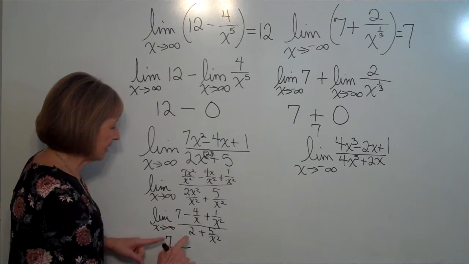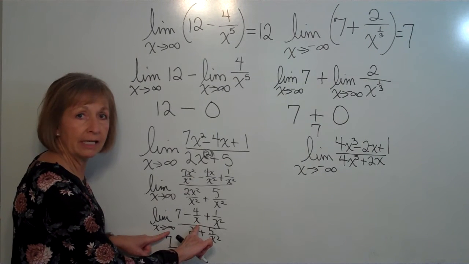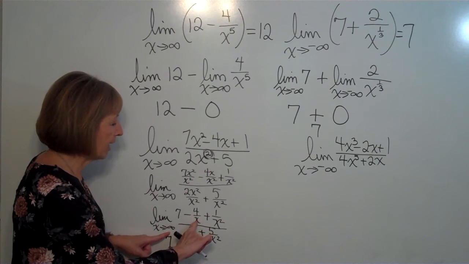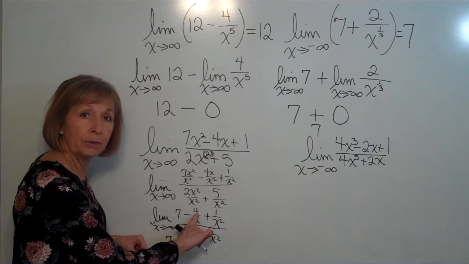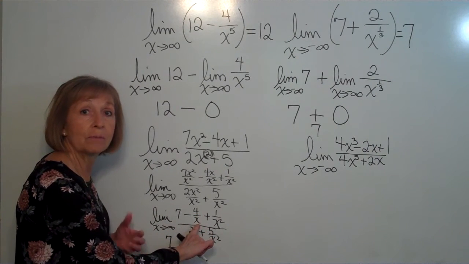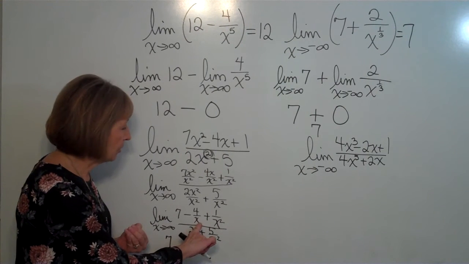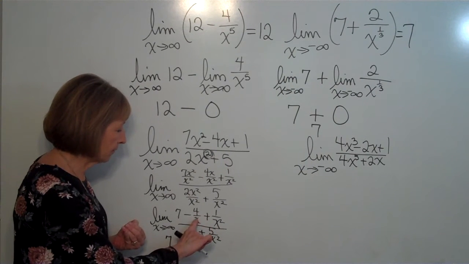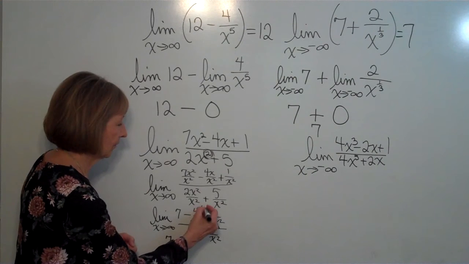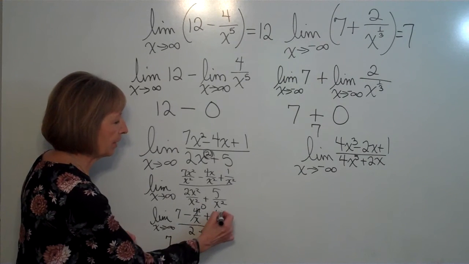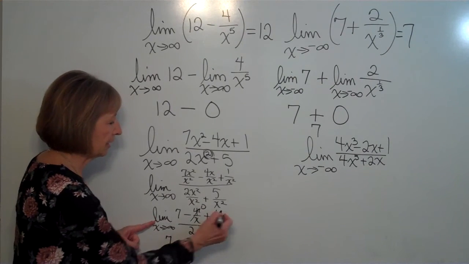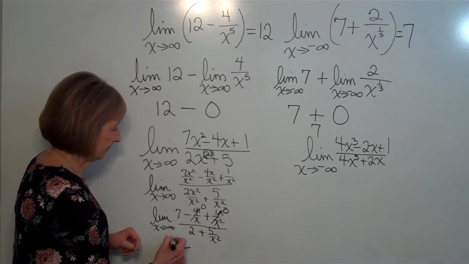And then the limit as x approaches infinity of negative 4 over x, well, that's a constant, a real number numerator divided by x to the positive 1 power, and 1 is a positive rational number. So that goes off to 0. And the 1 over x squared limit as x approaches infinity also goes to 0.